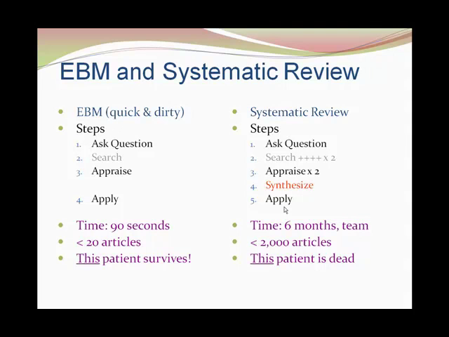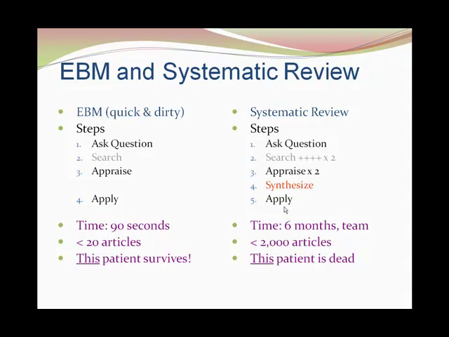So the point of evidence-based medicine is that it's not as reliable and not as thorough as a systematic review, but what we are doing is we're doing it in a much shorter time. We're getting a best evidence guess, but the difference is in the time it takes to do the search and get a best evidence result, that patient survives.